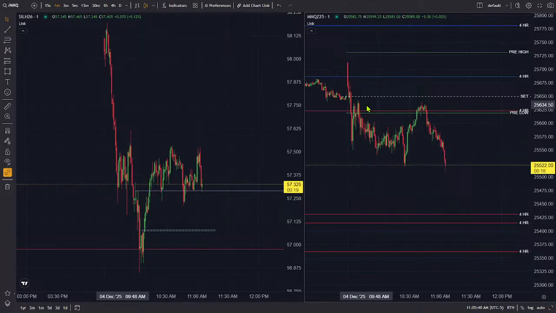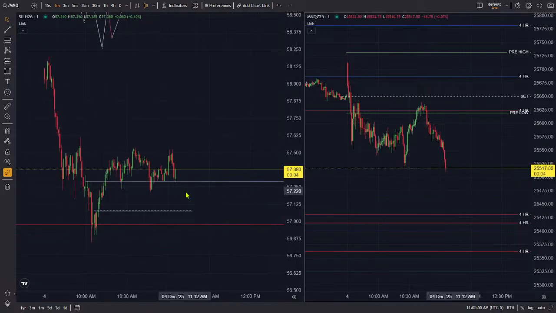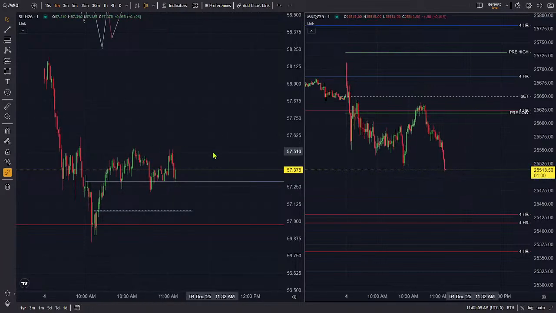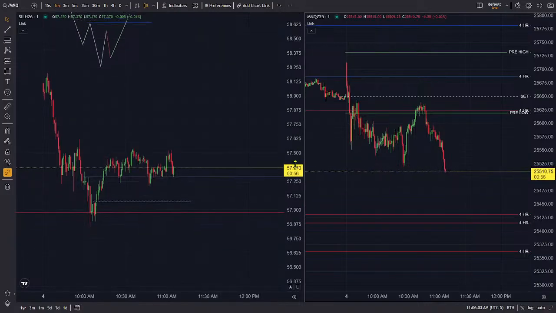Silver is kind of doing what the equities did yesterday. You get a good signal to the upside and then it comes back down. But it did just come back and touch the breaker. Took out these lows. Still left this high. NQ's making a new low.